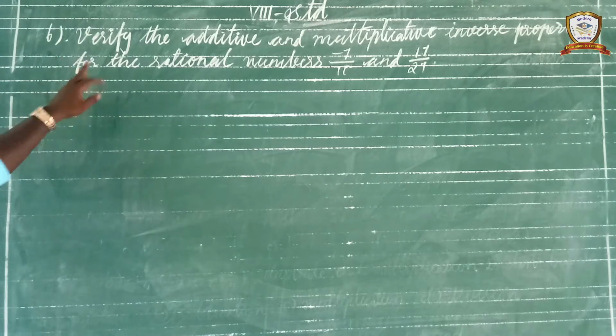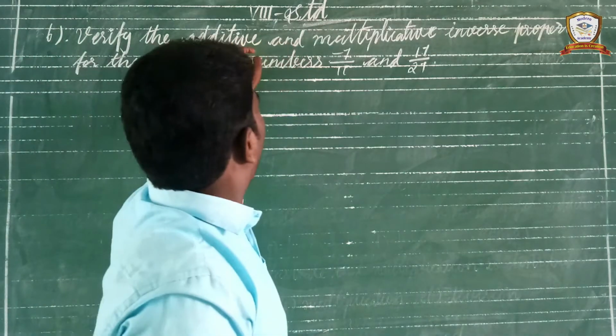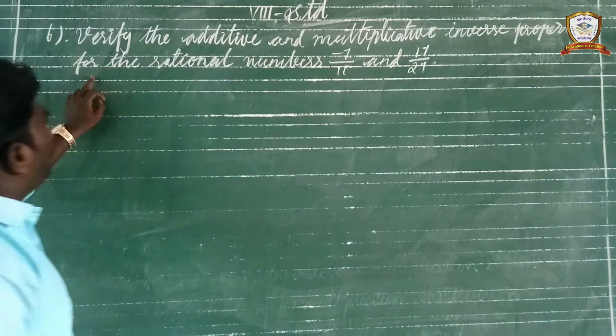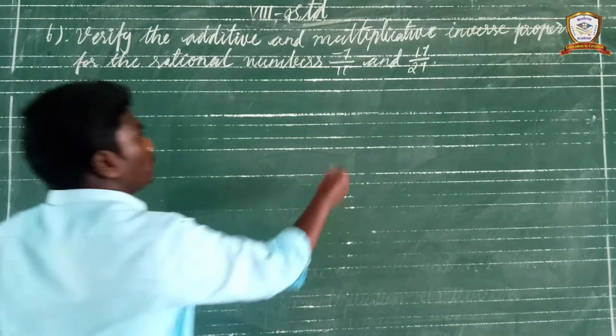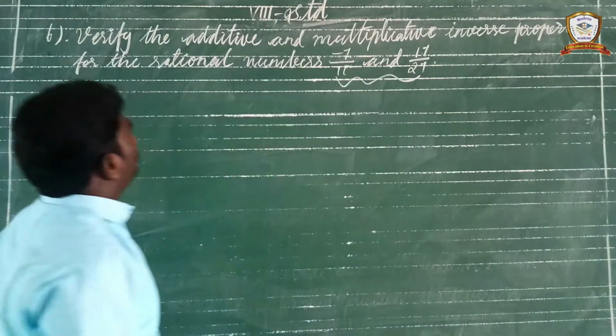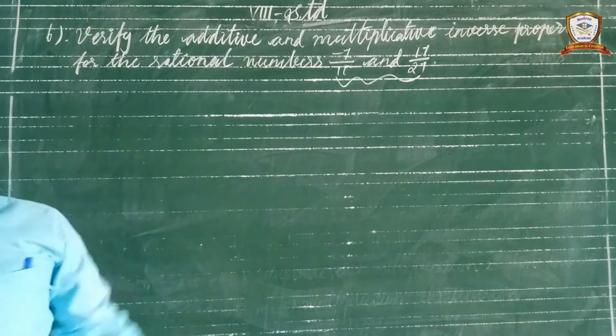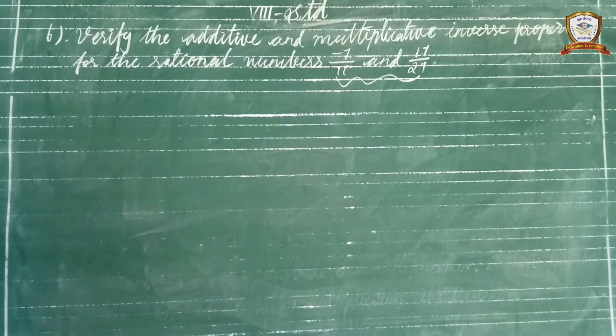Okay. Now the sixth sum. Verify the additive and multiplicative inverse property for the rational numbers. Here two rational numbers are given. You want to find the inverse property for addition and multiplication. So first, the additive inverse property.